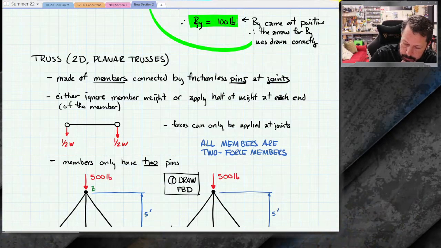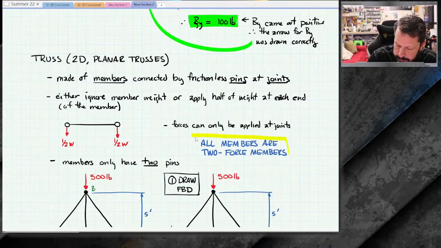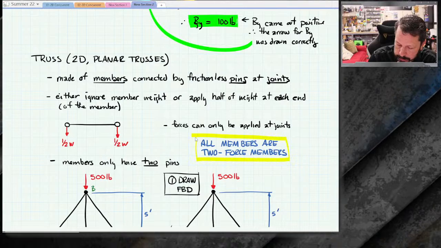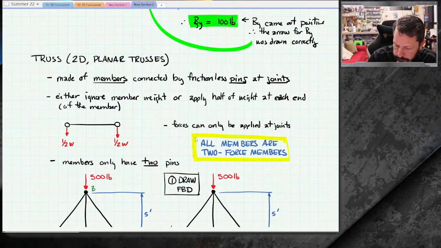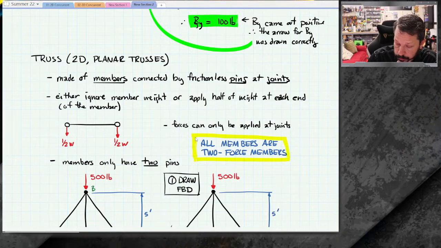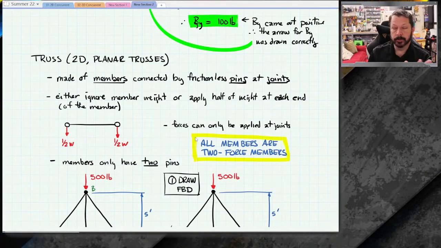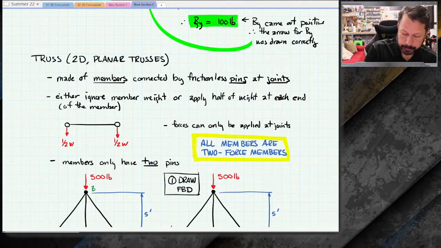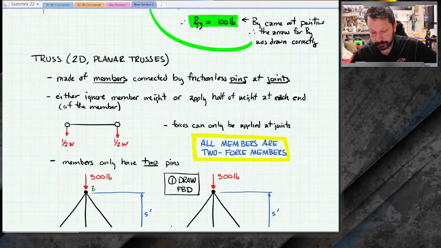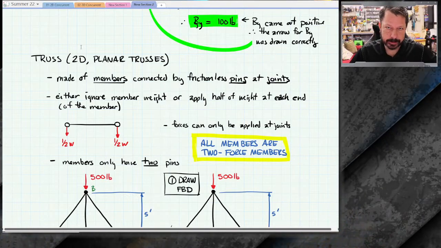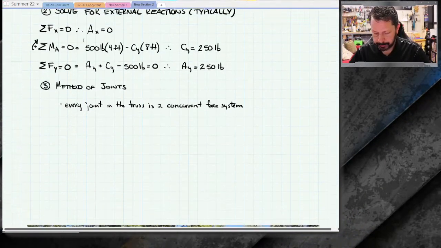So that is kind of an outcome of these assumptions. Or rules, maybe they're not assumptions, maybe they're rules. And a 2 force member, we haven't really talked about what a 2 force member is. We've used them, but we haven't explicitly said what they are.